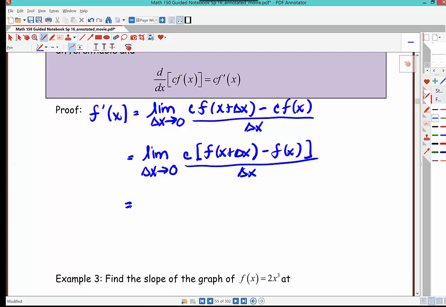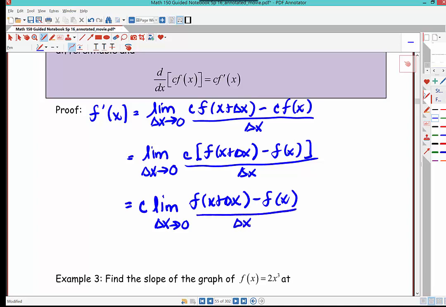But recall that you're allowed to bring a constant factor or a scalar that's inside a limit to the outside of the limit. So we'll have c times the limit as delta x approaches 0 of f of x plus delta x minus f of x, all over delta x.